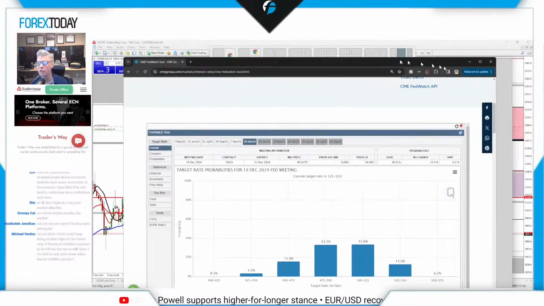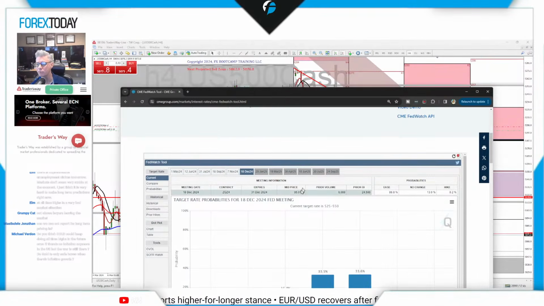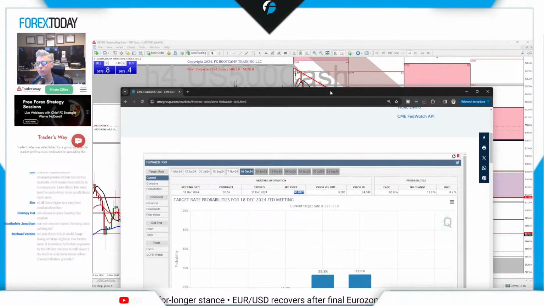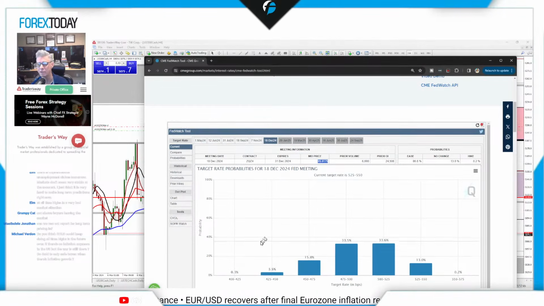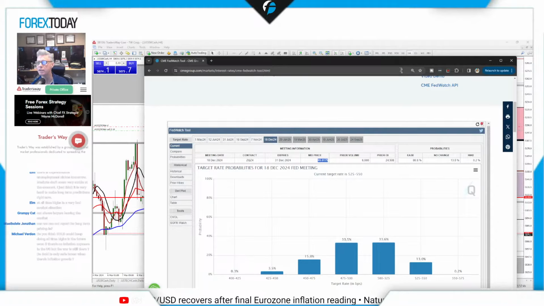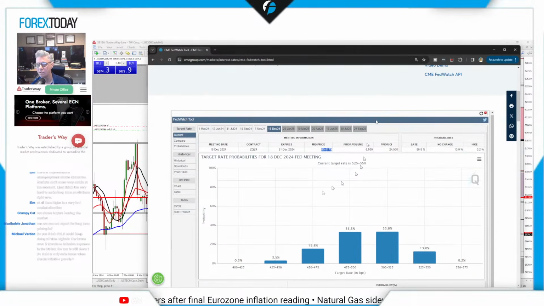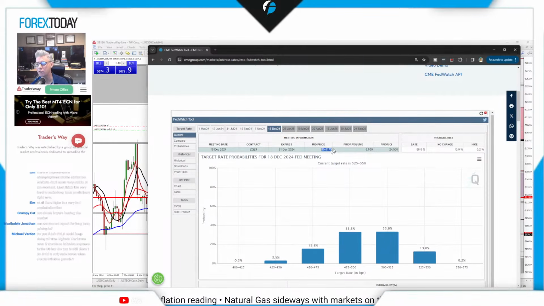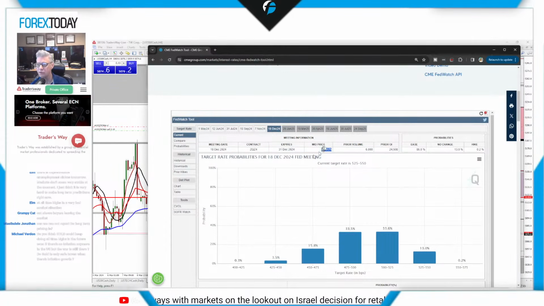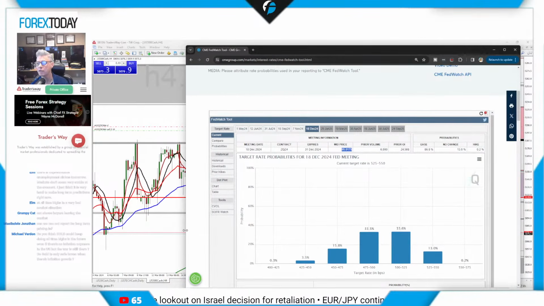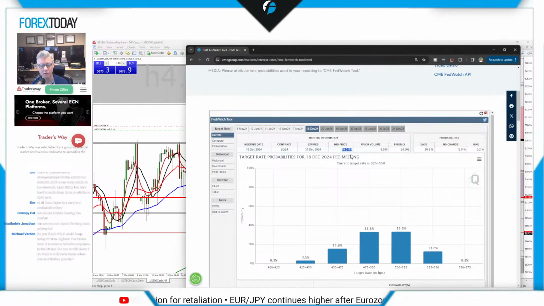Well, first of all, these are based on prices of paper being traded, money being traded between banks, smart money trading with smart money. They're negotiating the cost of loans to each other, which is totally normal. It happens all day, every day. But the prices reflect future interest rate expectations.